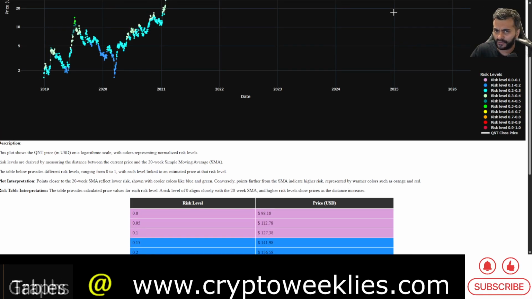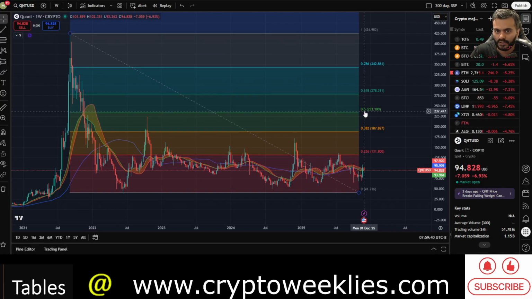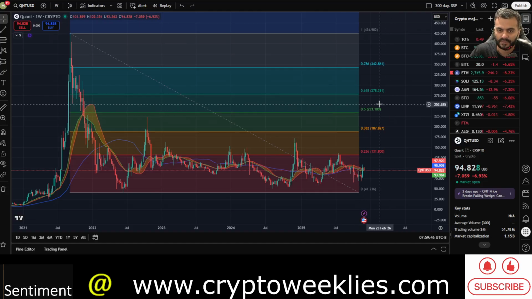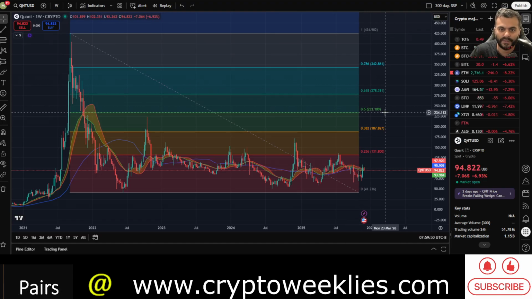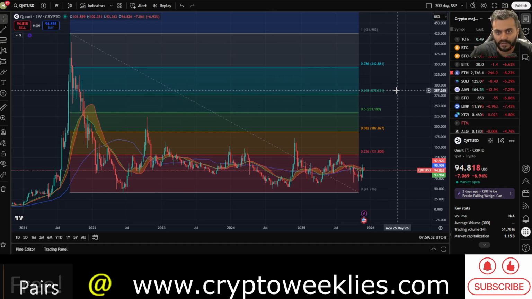The 0.6 is at around $275. That coincides slightly better with the 0.5 Fibonacci level and 0.618. So 0.618 could be the major peak for Quant if there is a bullish December in 2025.